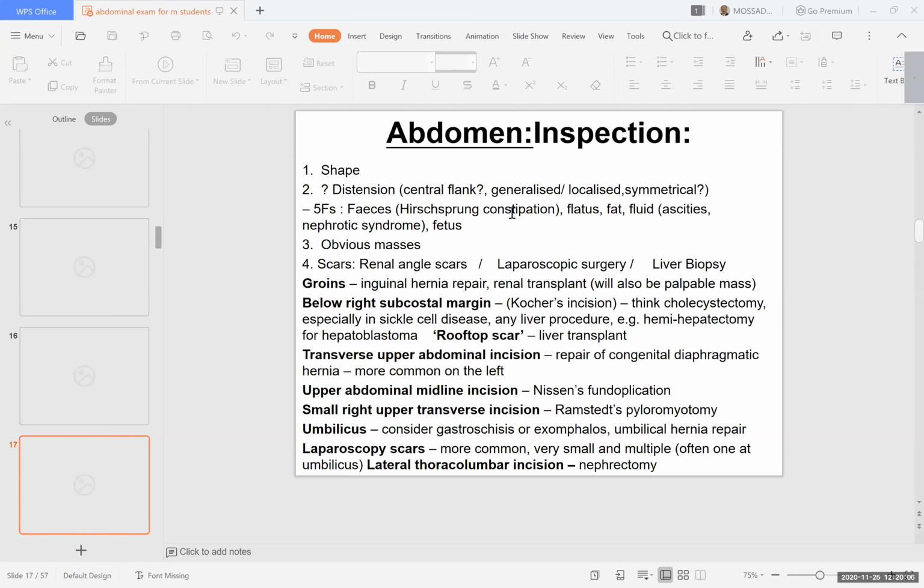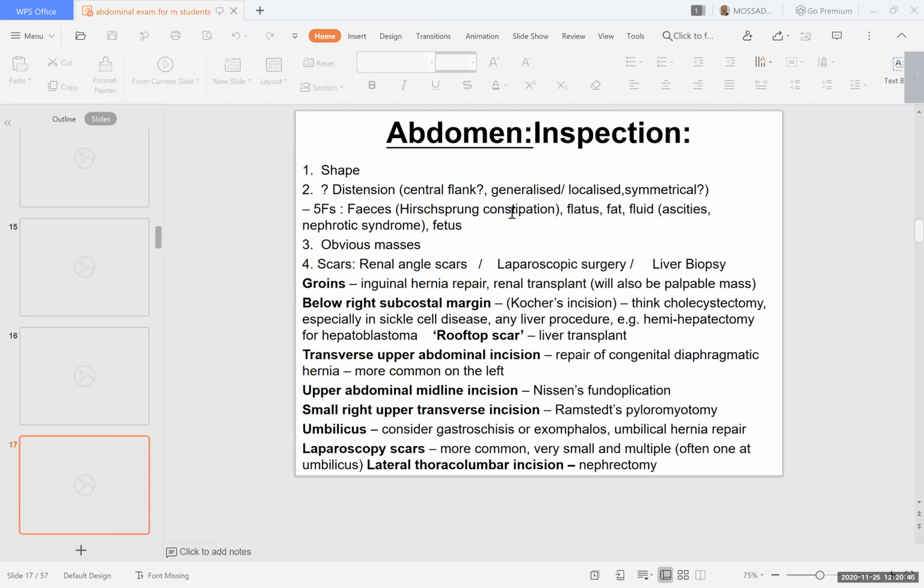For transverse upper abdominal incision, it can be due to a repair of congenital diaphragmatic hernia, which is more common on the left. If it's an upper abdominal or midline incision, it can be due to Nissen's fundoplication. If it's a small right upper transverse incision, then it's Ramstedt's pyloromyotomy. And if it's around the umbilicus, we can consider gastroschisis or exomphalos, or it can also be umbilical hernia repair.